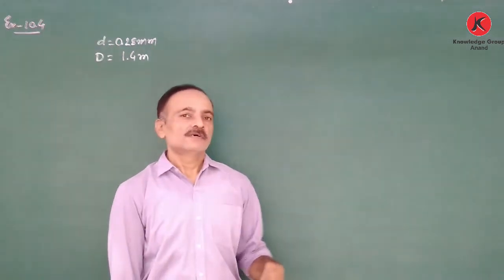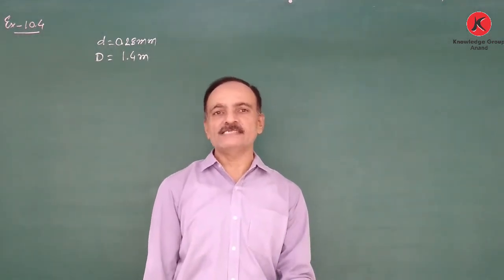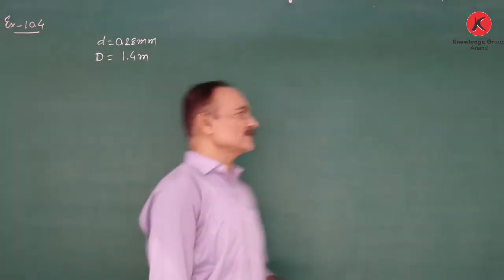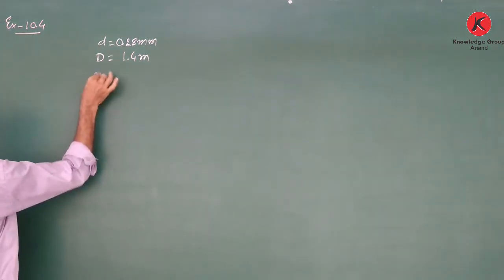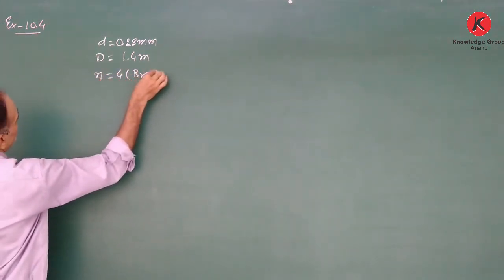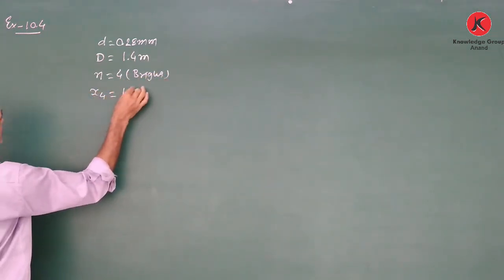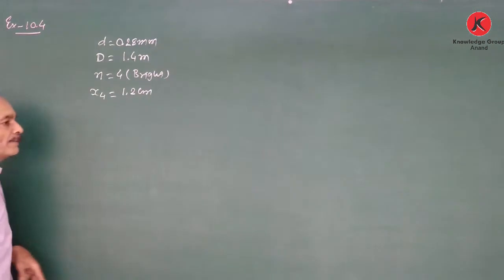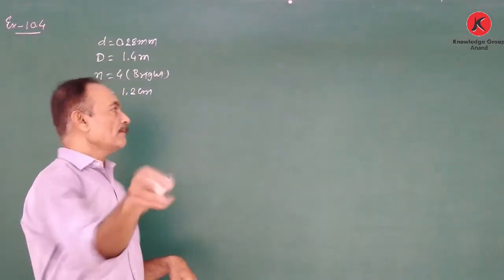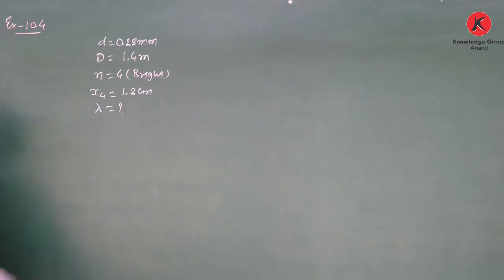Now, the distance between the central bright fringe and the fourth bright fringe, that means n is equal to 4, is given as 1.2 centimeter. Find the wavelength of the light used in this experiment.